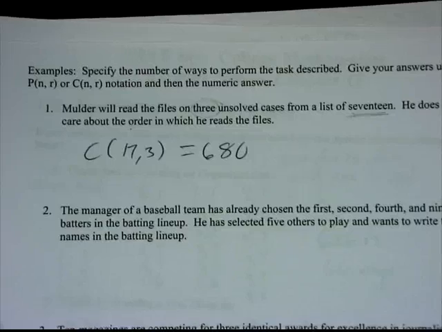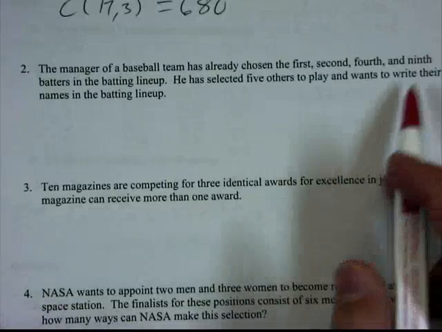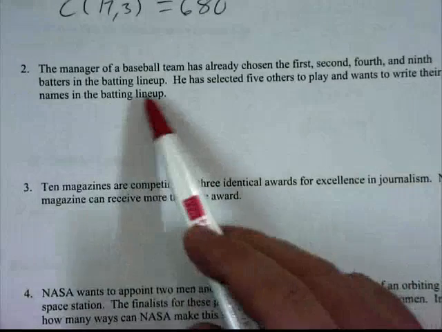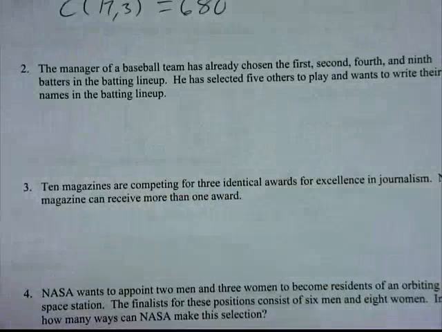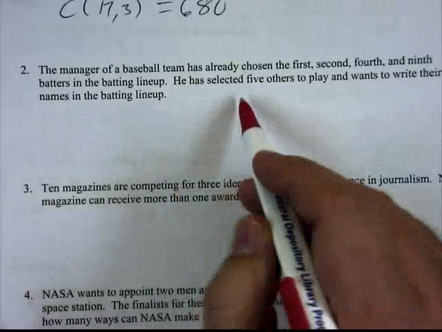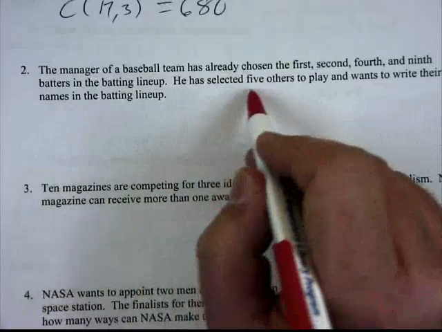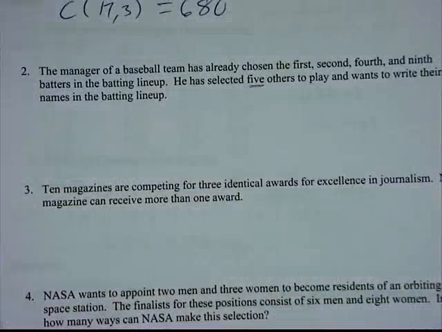Okay? Next one, the manager of a baseball team has already chosen the first, second, fourth, and ninth batters in the batting lineup. He has selected 5 others to play and wants to write their names in the batting lineup. So, first of all, he's selecting 5 folks to play.